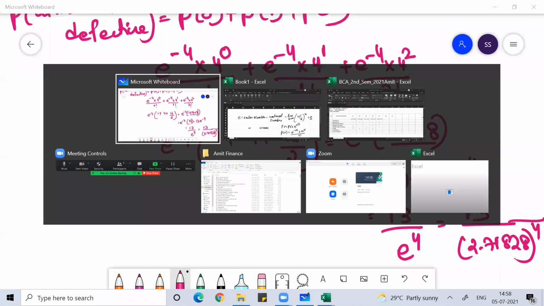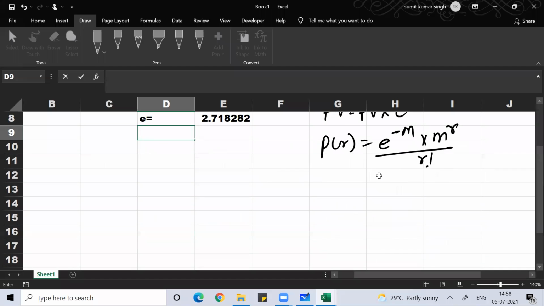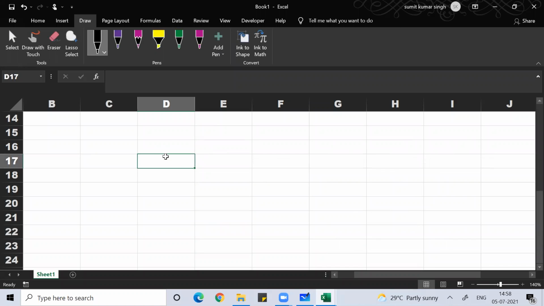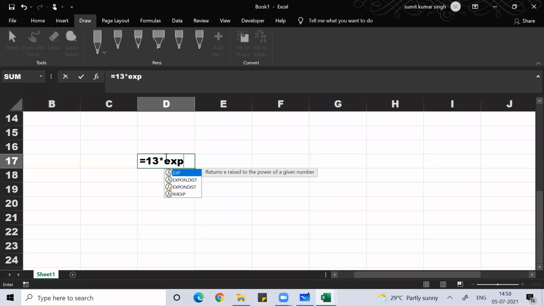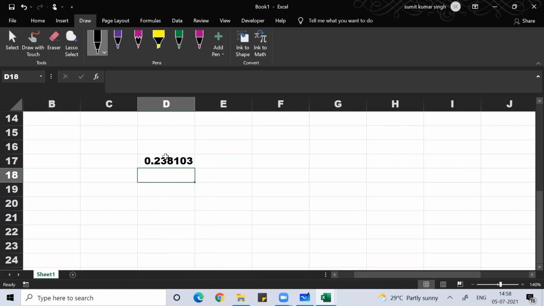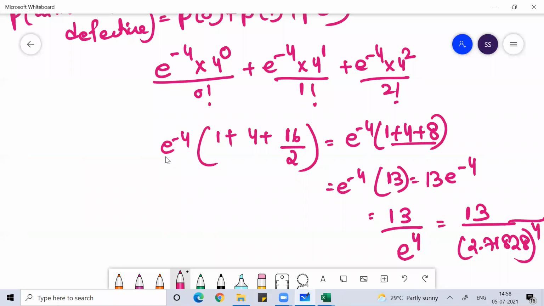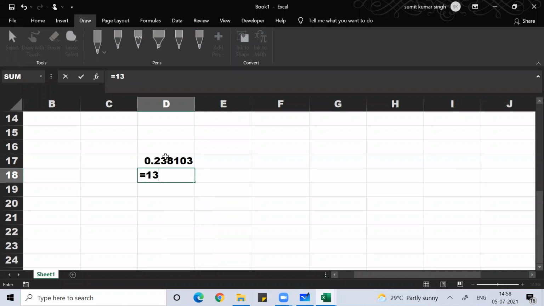If you do it directly, you can see 13 into e to the power minus 4. And then 13 divided by 2.71828 to the power 4.